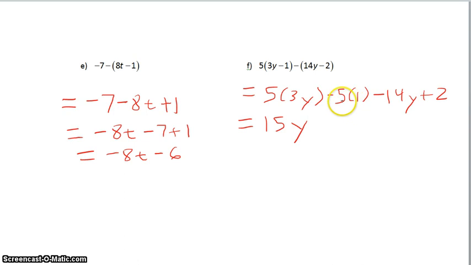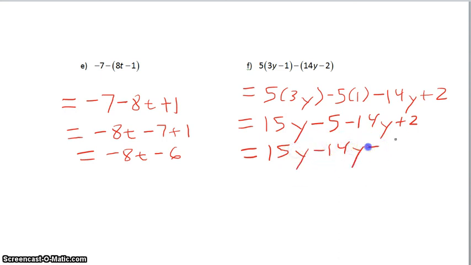Minus 5 times 1 is 5. Minus 14y plus 2. Now we organize these like terms. We have 15y minus 14y minus 5 plus 2. 15y minus 14y gives us y. A minus 5 plus 2 gives us -3, and we're done.